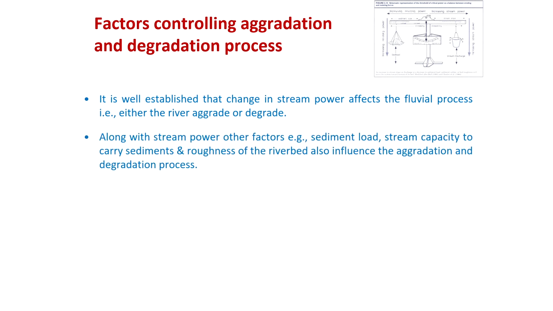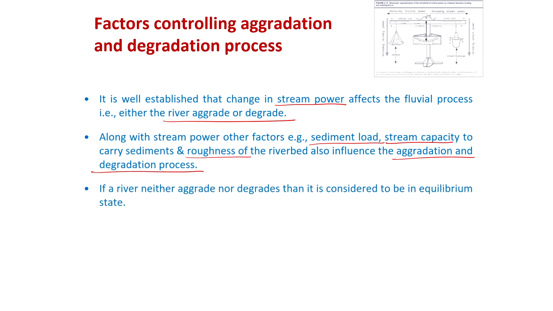Now, along with the stream power, other factors: sediment load, stream capacity to carry the sediments, and roughness of the river bed also influence the gradation and degradation process. So stream power, stream bed load, stream capacity and roughness will also affect along with the stream power.